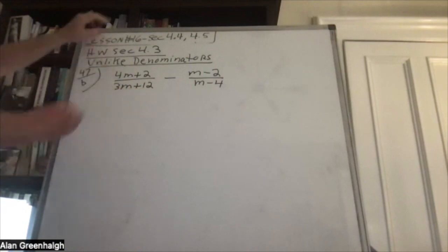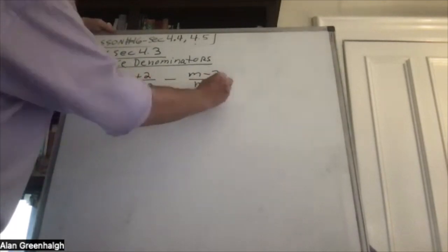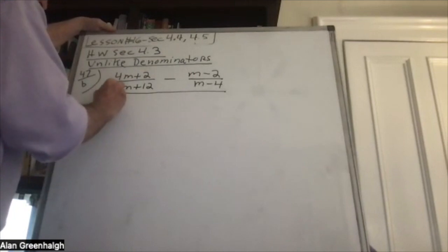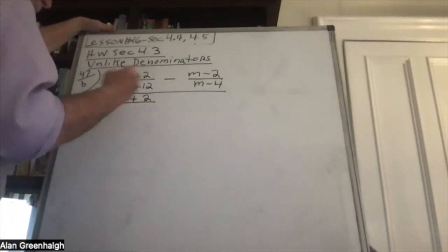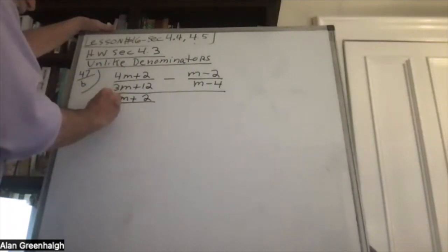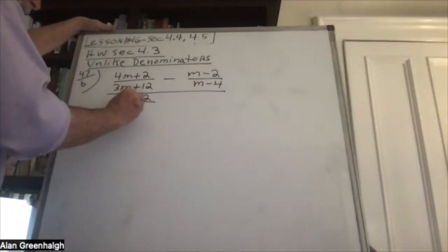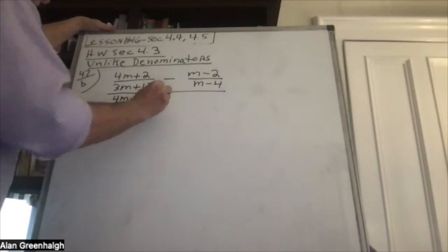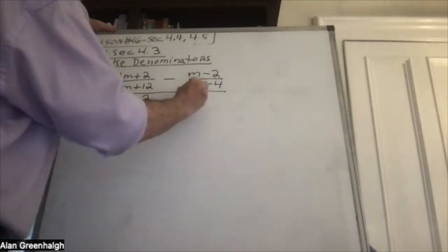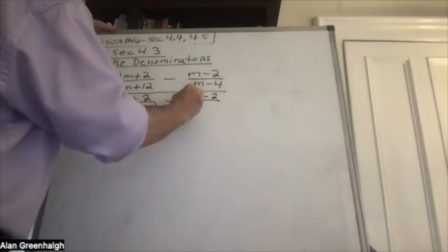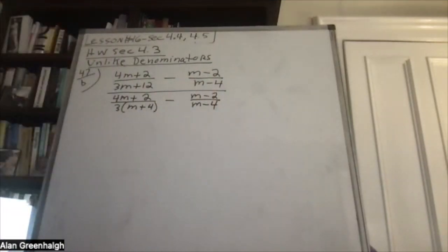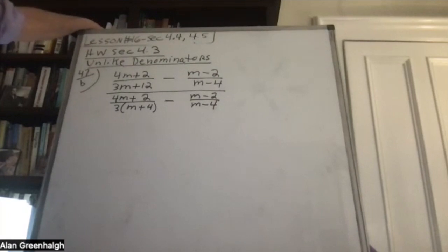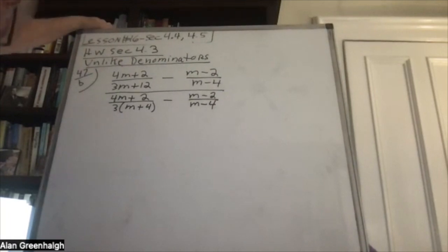So in this problem, the next step is going to be to keep this the same. I don't even know if that's such a good idea, but I'm doing it anyway, and you get 3 times m plus 4. Oh, really? Yeah, that's even more difficult than I thought. Okay, well, there you go. All right, so that's what we have.